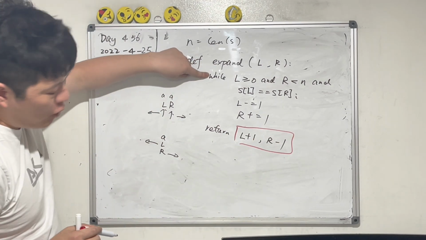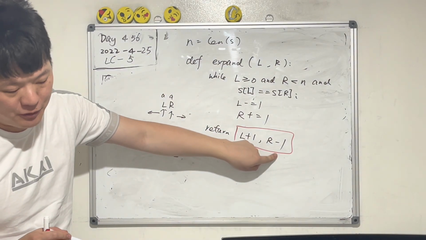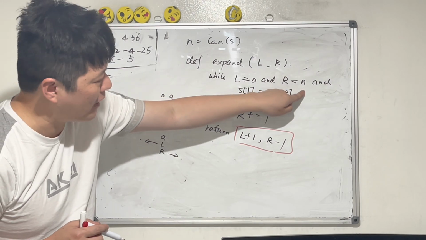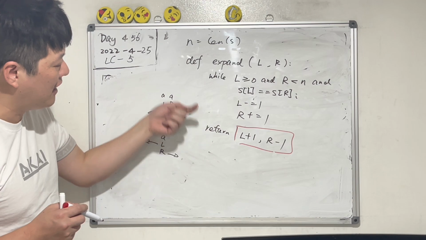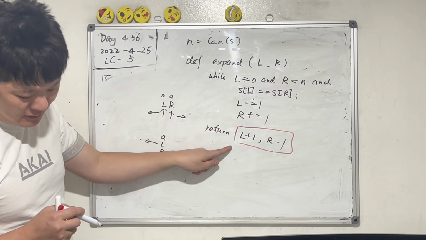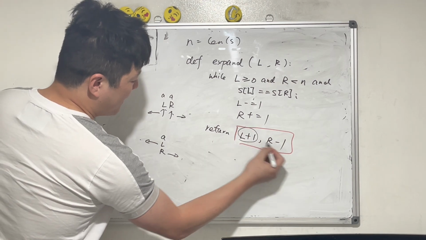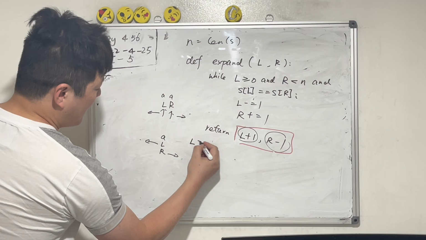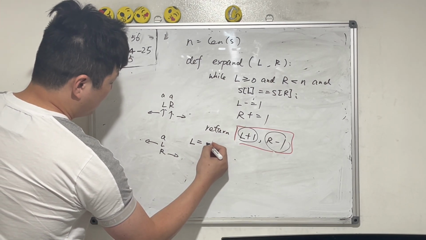When the while loop terminates, the L and R pointers point to an invalid state, which could be smaller than 0, outside the boundary, or s[L] not equal to s[R]. This is basically invalid for a palindrome. So that's why we return the previous state, which is L plus 1 and R minus 1. Okay, with that in mind, L at the beginning, maybe L equals minus 1.